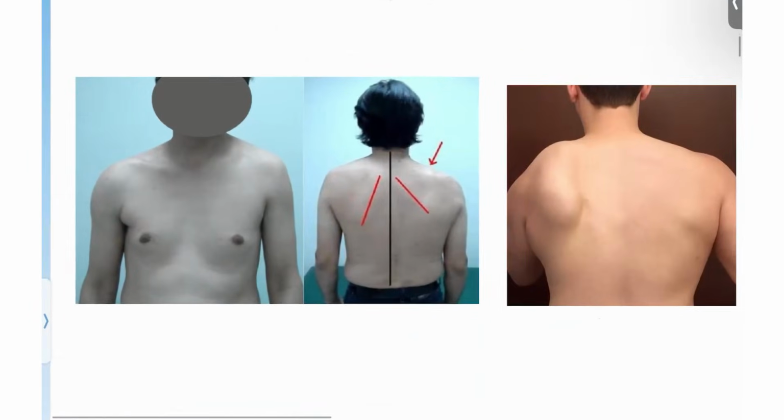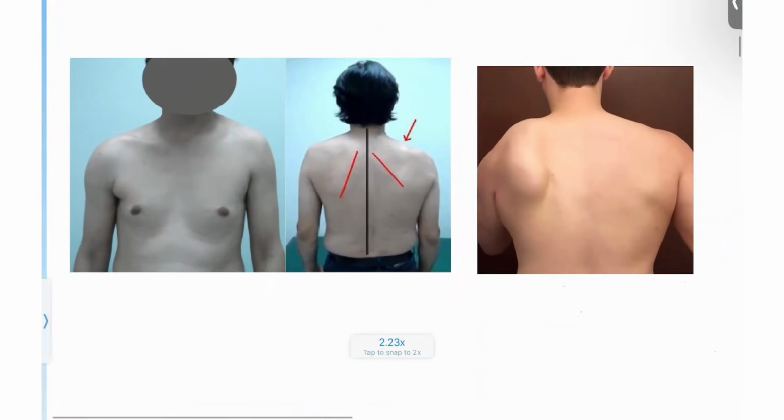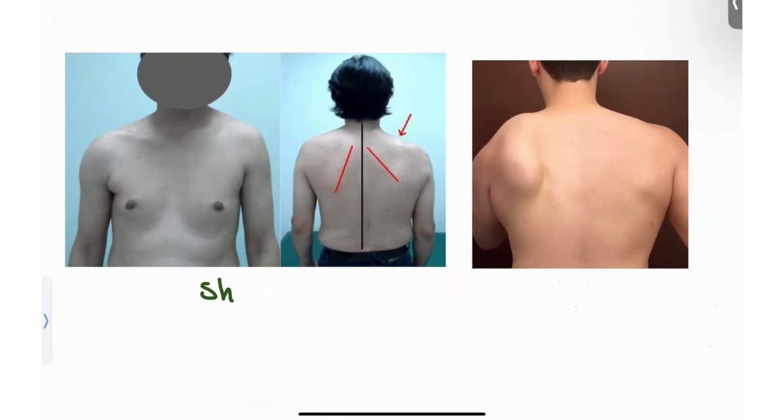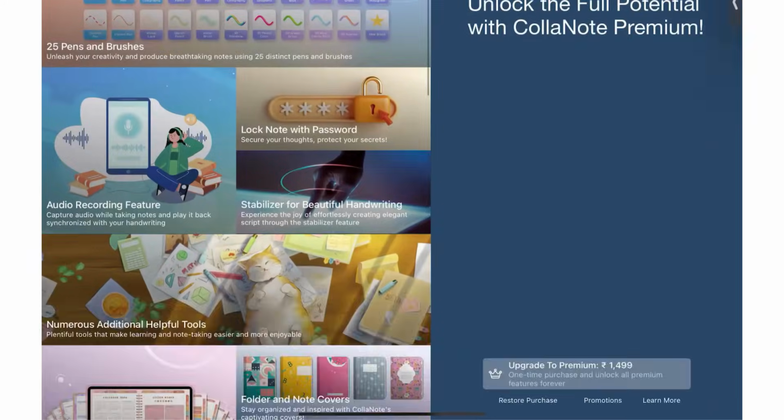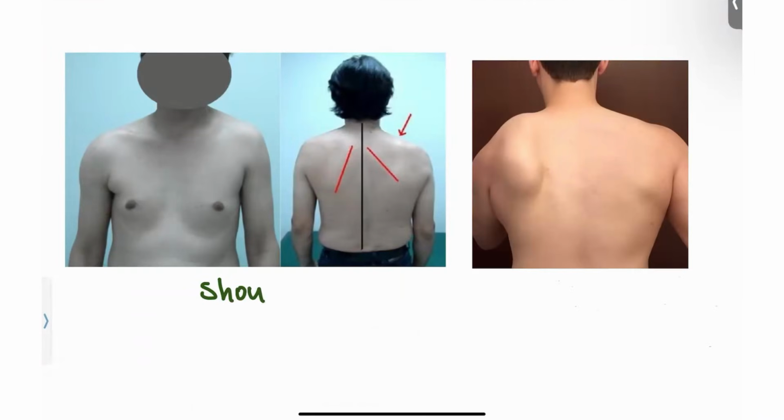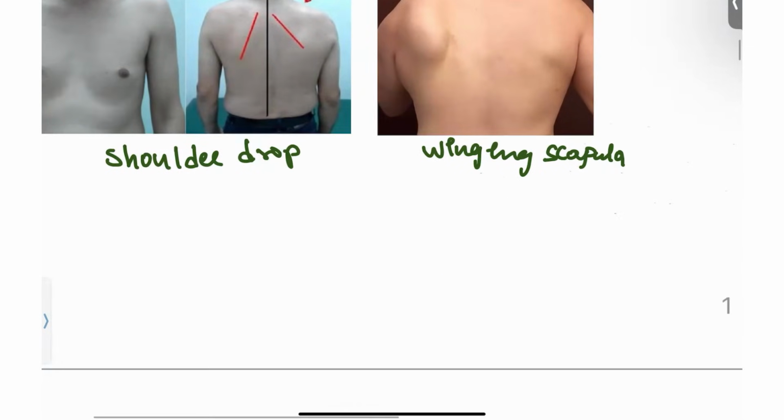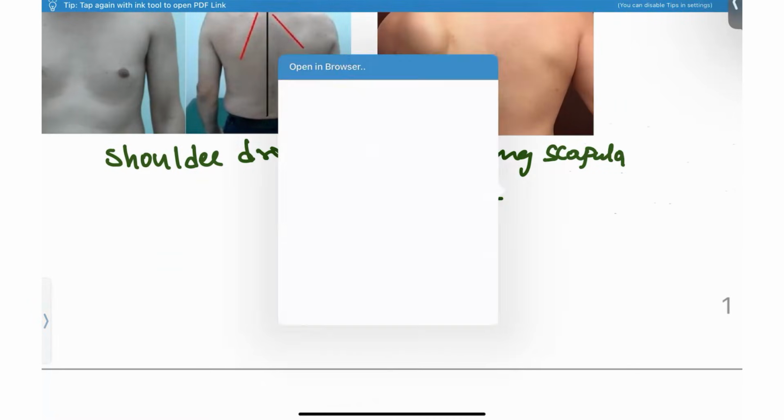Next, moving on to these two conditions. One here you can see is the shoulder drop, and here you can see is the winging of scapula. In the winging of scapula, what is the nerve that is involved? Basically, the involved nerve is the long thoracic nerve.